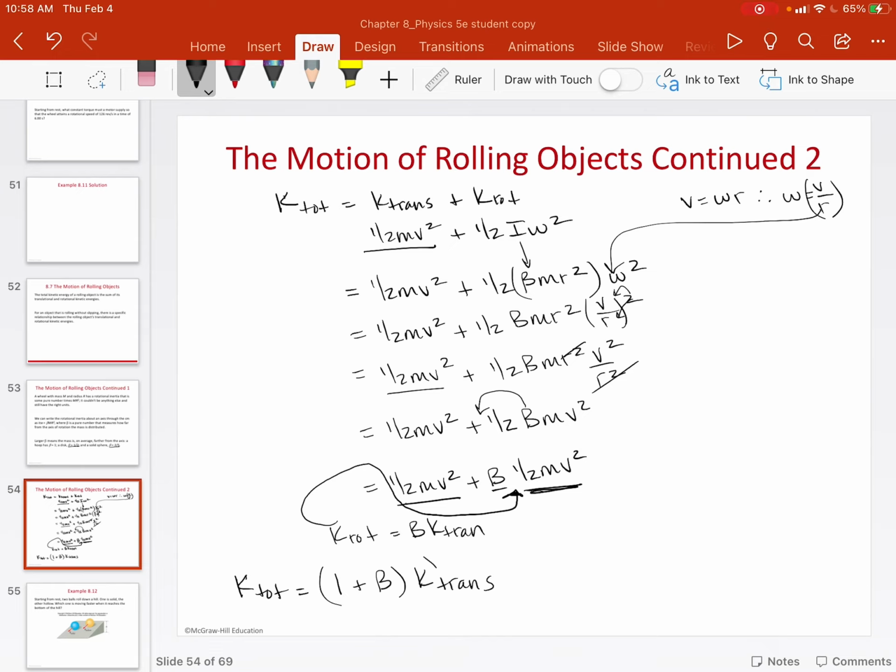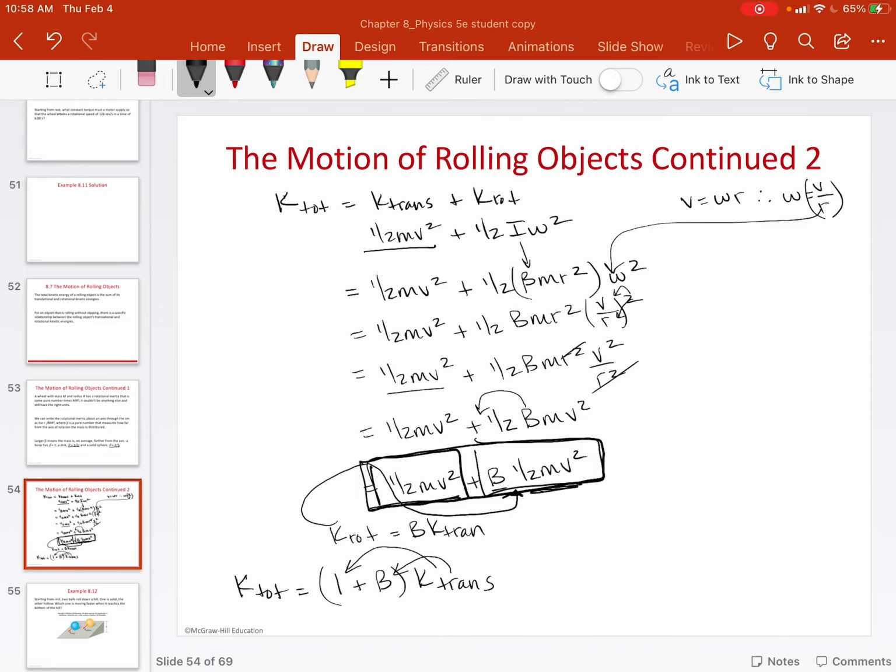If you factored that out, it would be this equation. Translational is 1/2 mv squared, so multiplying by 1 gives that, and multiplying by beta gives this equation right there. Okay, so hopefully that makes sense.